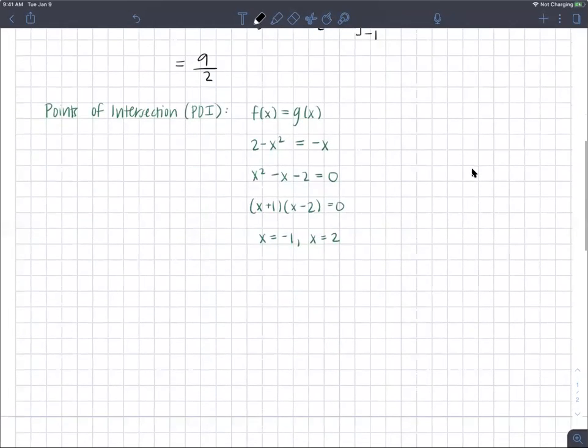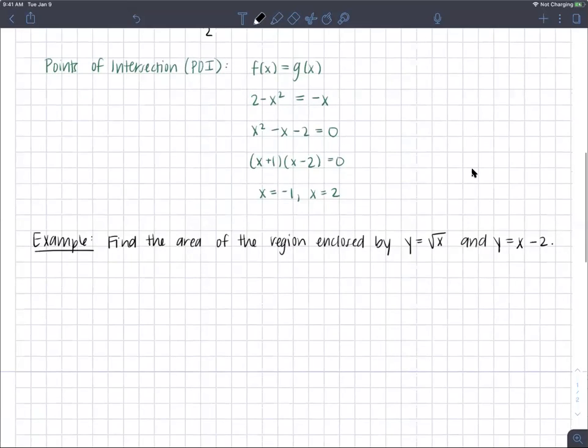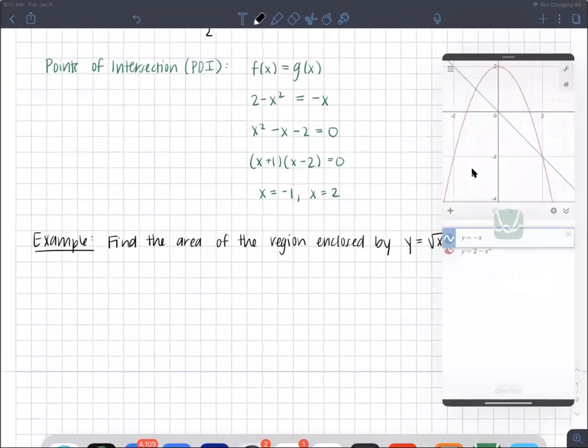Very similar. So we're gonna find the area of the region enclosed by y equals the square root of x and y equals x minus 2. All right, so let me bring up the Desmos graphs real quick.